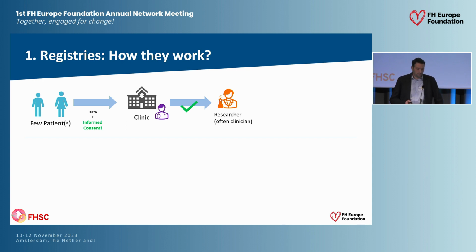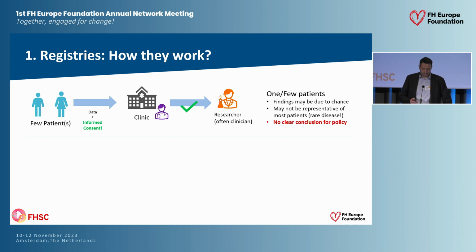The problem here is that if you have few patients within one clinic, the finding might be due to chance or anecdotal and not representative of the whole patient population, especially in the context of rare disease, where there's only 1 or 2 patients in the clinic. So 1 or 2 patients will not be enough to provide clear conclusions for policy and guidelines.